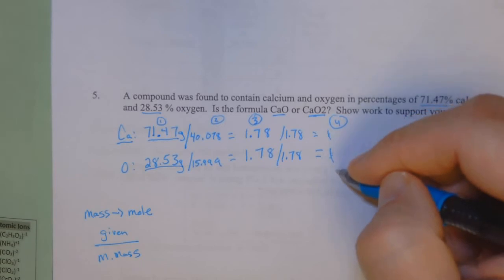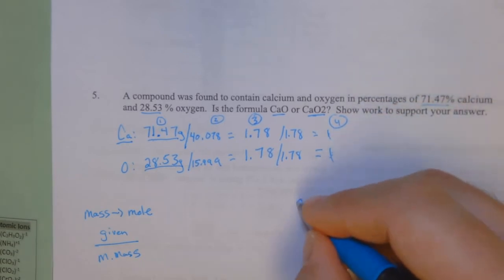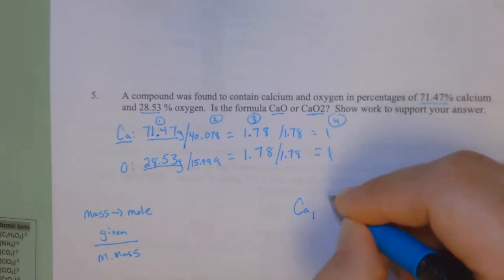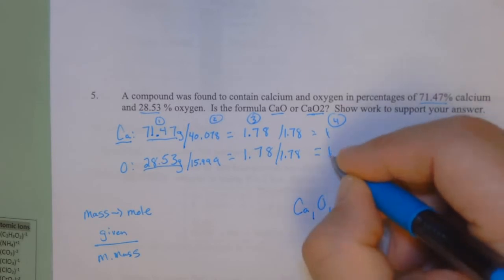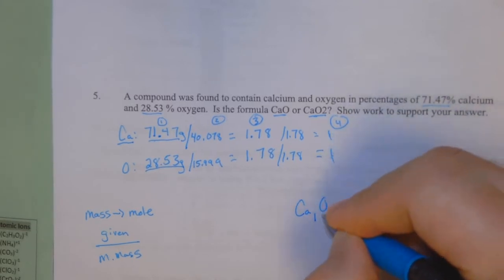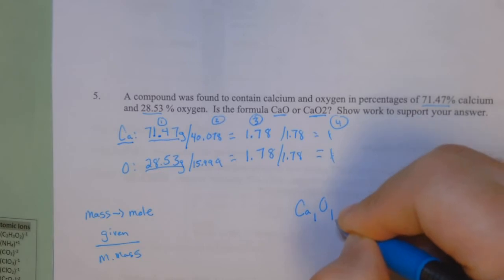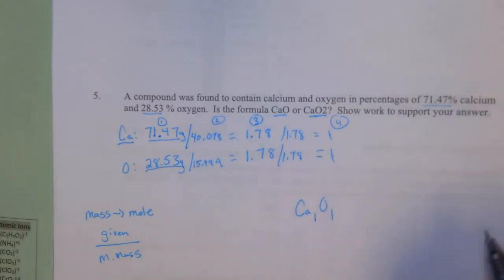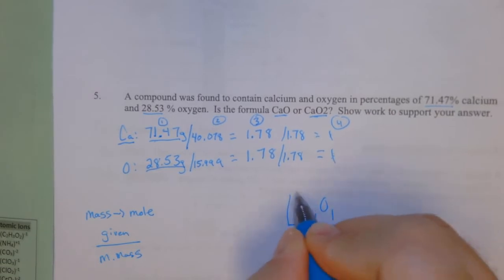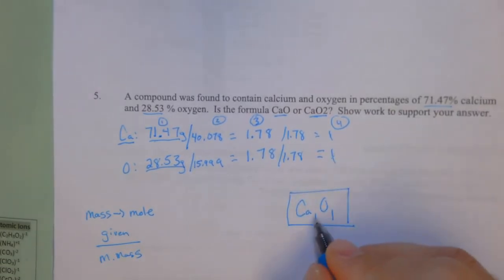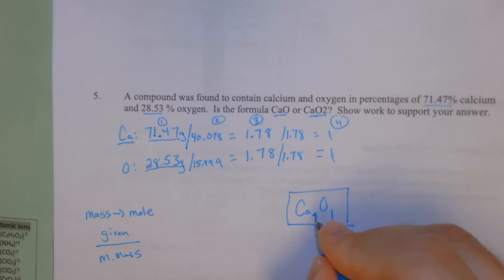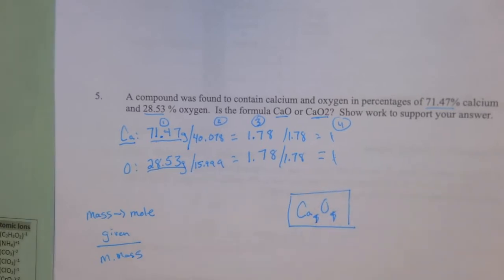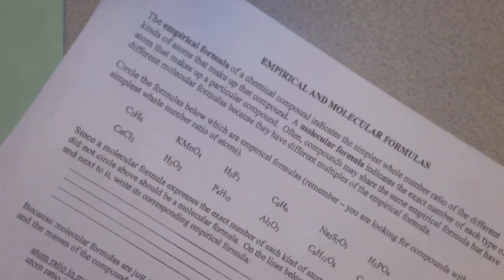So calcium has a 1 and oxygen also has a 1. In the question, is the formula CaO or CaO2? The answer is CaO, because those ones are not needed, they are implied. That's how you solve that one.